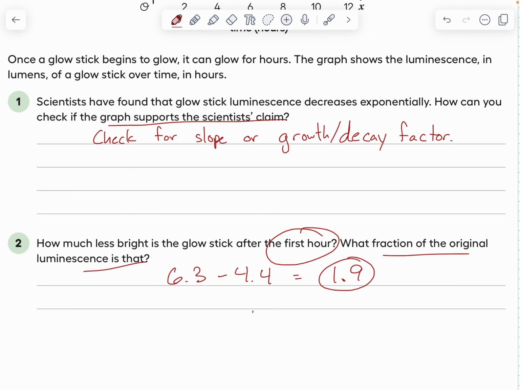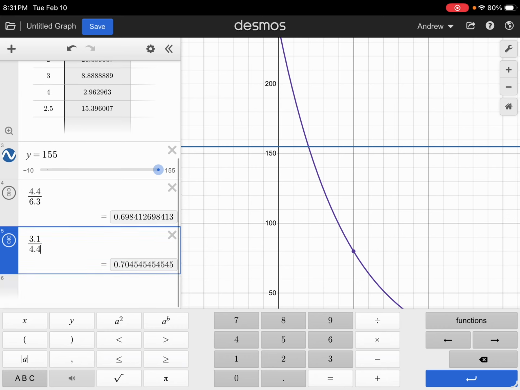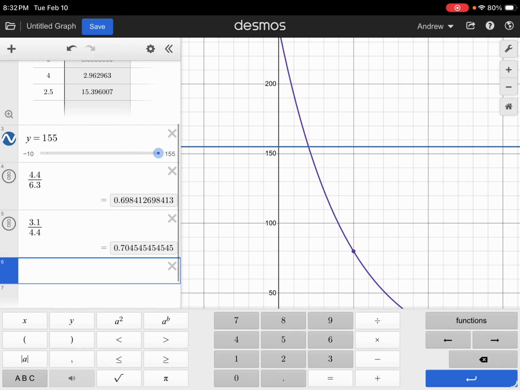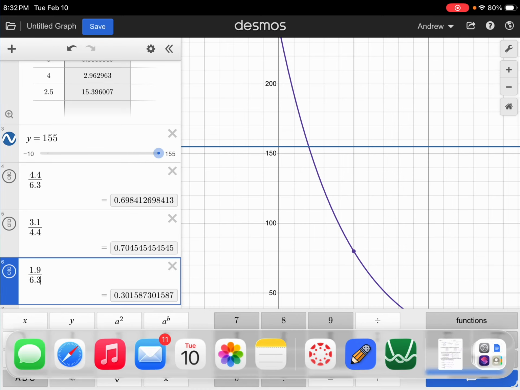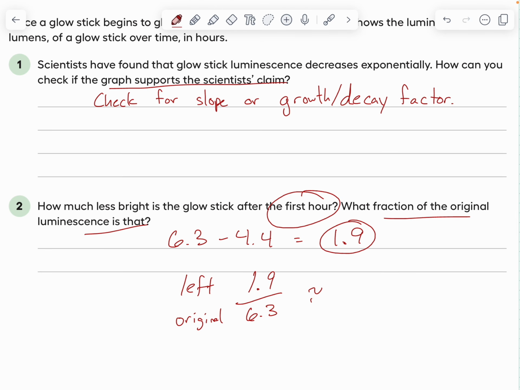Well, 1.9 divided by 6.3, which is the original. So this is what's left. This is what the original is. And that tells you that theoretically, if it's taking away 70%, it should be about 30% left over. Right? So 0.3.